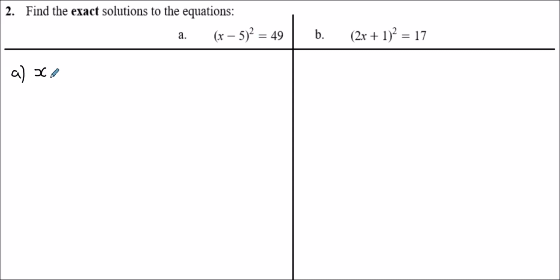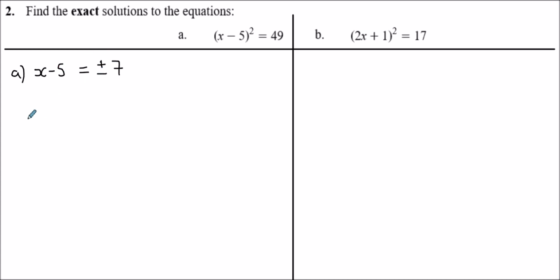So square root of x minus 5 all squared is x minus 5. Over here, really importantly, we don't just consider the positive square root, we need to consider both the positive and the negative square root. And so we can't say x minus 5 is 7. What we can say is x minus 5 is either positive 7 or negative 7.